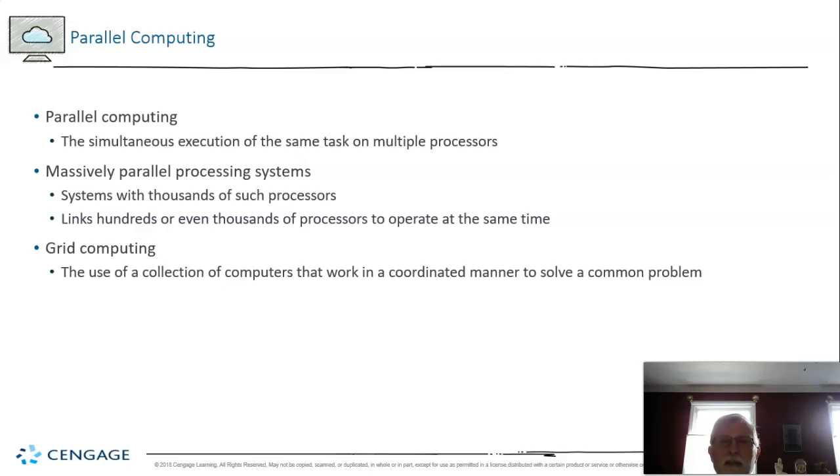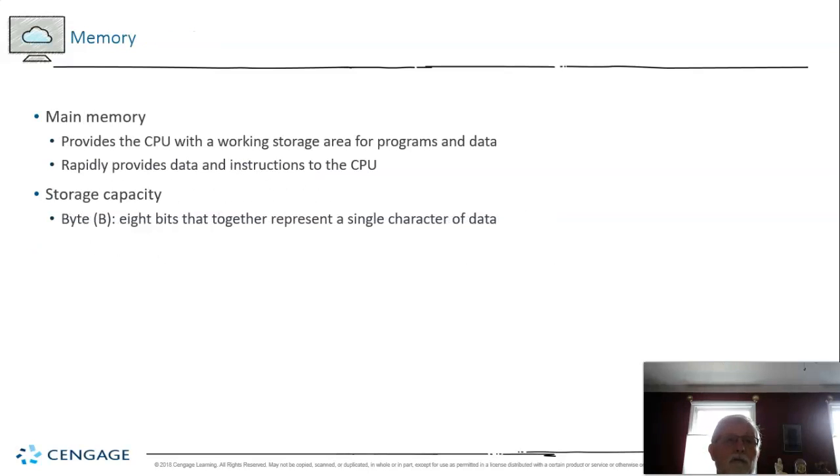And then, of course, you get what's called grid computing. Like I said, these are a lot of terms, but basically it's a collection of computers that work in a coordinated manner to solve a common problem, like forecasting the weather or doing some major calculations.